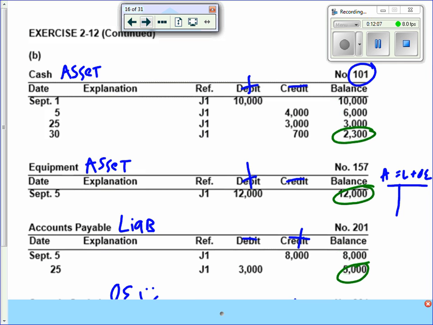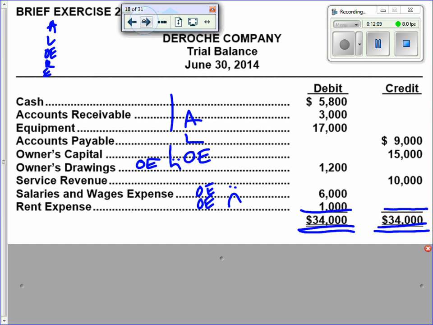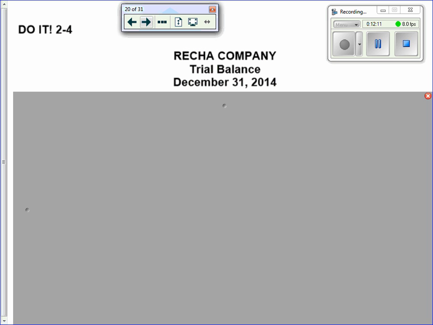Okay. I would like you to try Do It 2-4. Do It 2-4 is on the top of page 82 in your textbook. They've made it a little easier for you on this Do It 2-4 because of what?